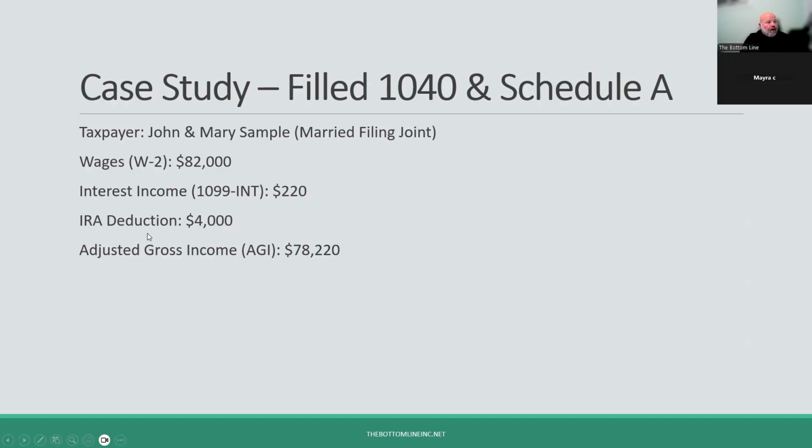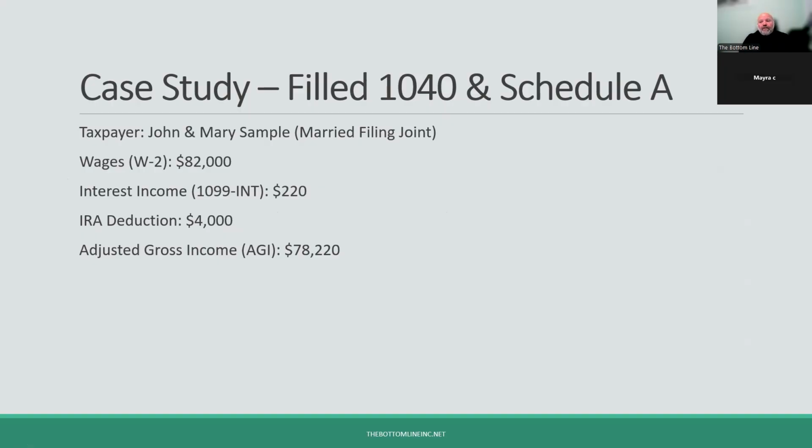Okay. So if we take 82,000 plus 220, and then we subtract 4,000, now we have an adjusted gross income of 78,220. Do you see that? All right, so you're going to take the wages of 82,000 plus $220 of interest, subtract the 4,000 because our IRA deduction is an adjustment to our income.